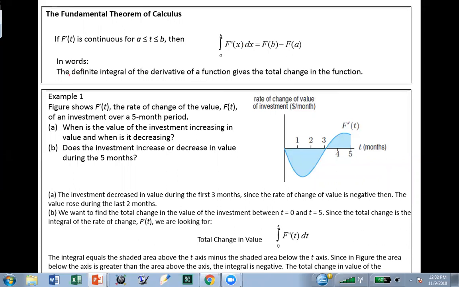Using different words, we can say the definite integral of the derivative of the function gives the total change in the function. This is the total change, like we will see later, but it's just the difference. If I would like to have the length of an interval between 2 and 7, I subtract 2 from 7, which is 5.